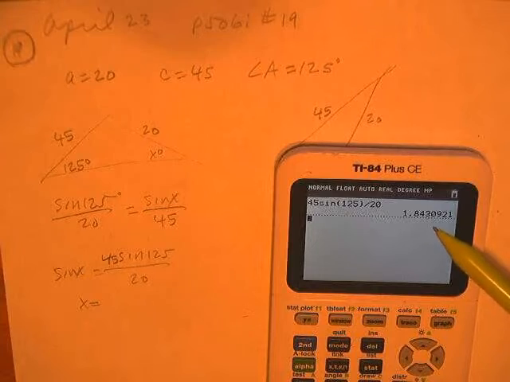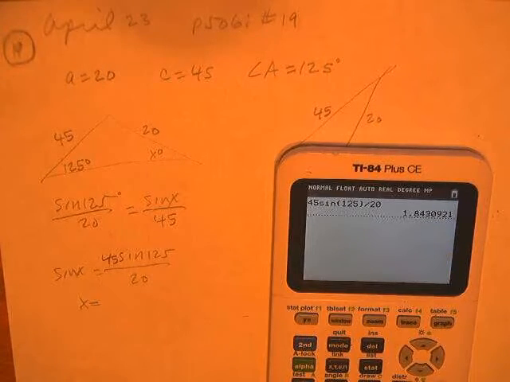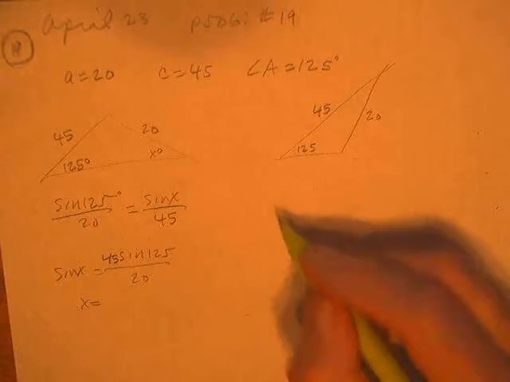This number is larger than 1. So whenever it's bigger than 1, there's not an angle in existence whose sine is larger than 1. They're always between -1 and +1. It's like they're bound. So there's no solution on this one.